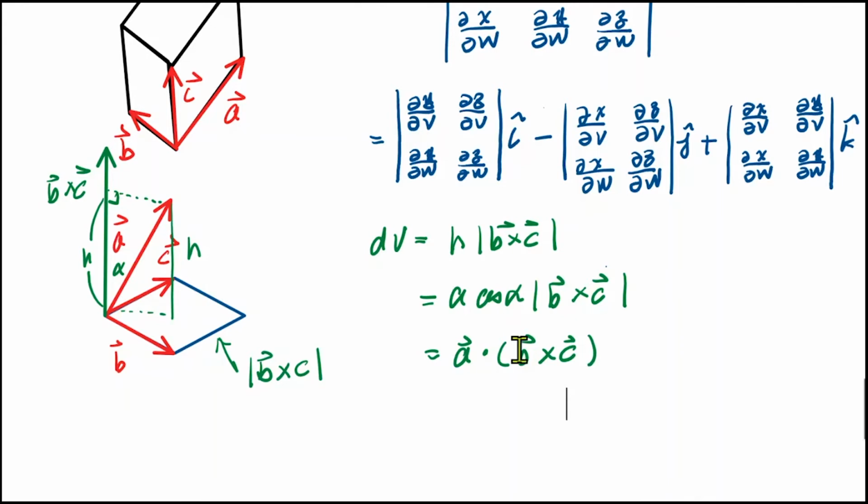Do you agree with this statement being the same as that statement? Because the magnitude of A times the magnitude of B times cosine theta was A dot B. So this, in fact, is a dot product now, isn't it? So all I have to do is, because I have this vector, B cross C, laid out here, just dot that with A. You know what I'm saying?